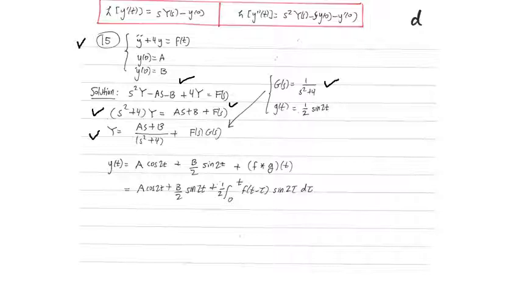And we're going to be, of course, doing the convolution in the next step. So we'll go ahead and invert g of s here and get g of t as 1/2 sine of 2t from our table.